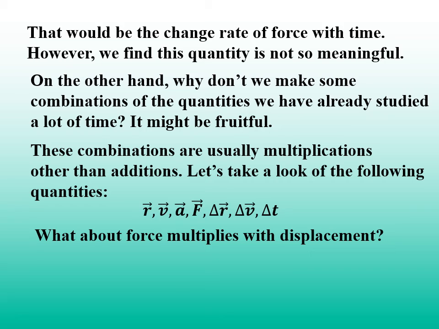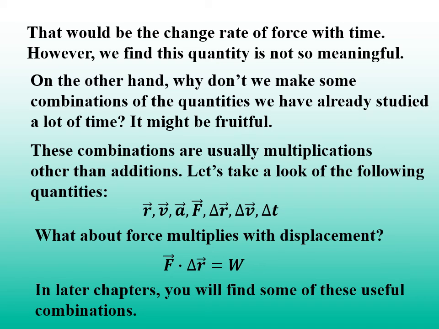What about the force multiplied with displacement? Force F multiplied with displacement r equals to work done by the force during the motion. In later chapters, you will find some of these useful combinations.